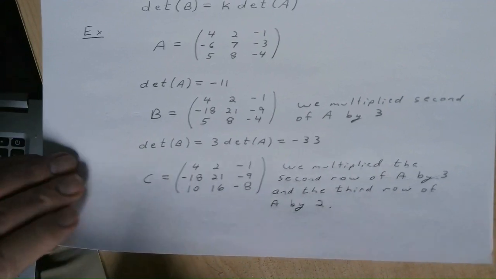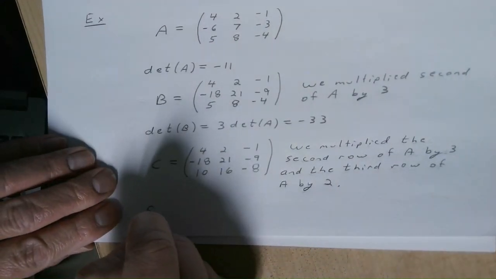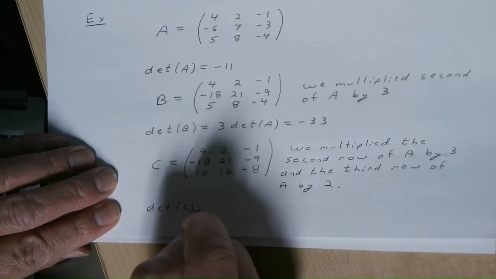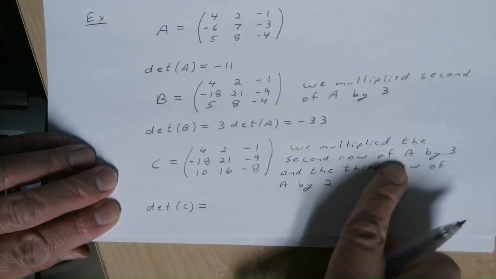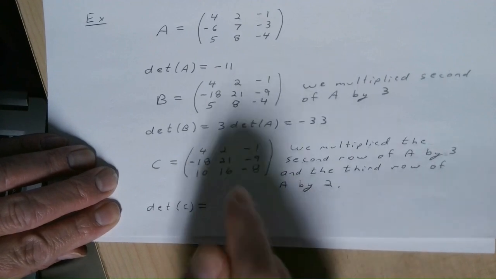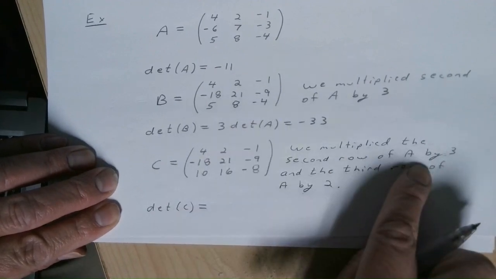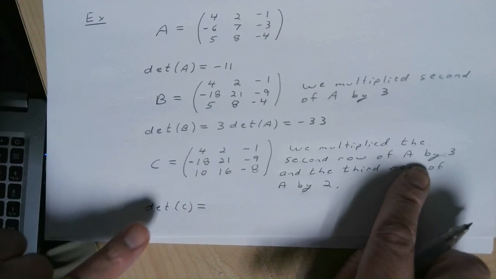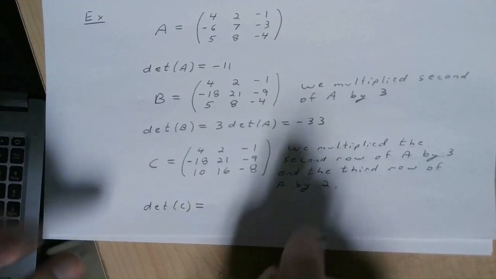So therefore, the determinant of C is going to be the determinant of A times 3, because we multiplied the second row by 3, but also we multiplied the third row by 2.